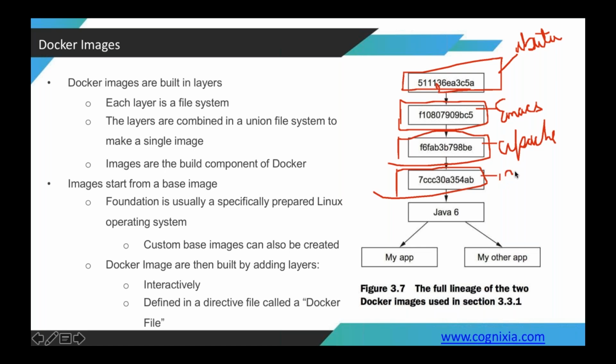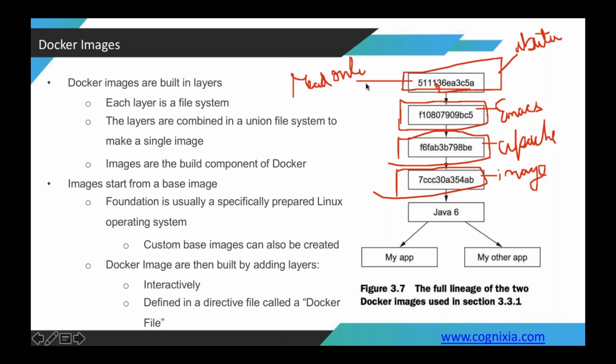Now you will see that each image was actually created from the previous image. You are not editing the previous image, but creating a new image, and this new image is a composition of the previous image. That's why I'm saying each image is read only, and once created you can't change that image.